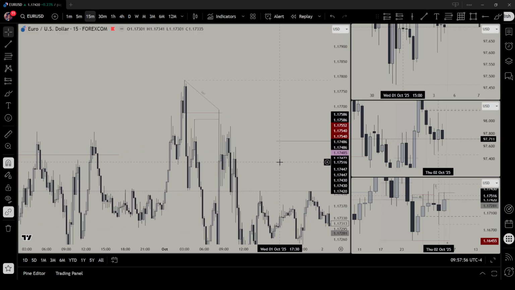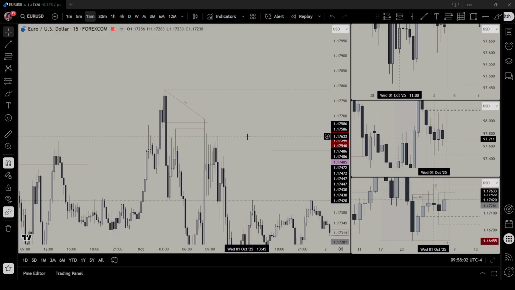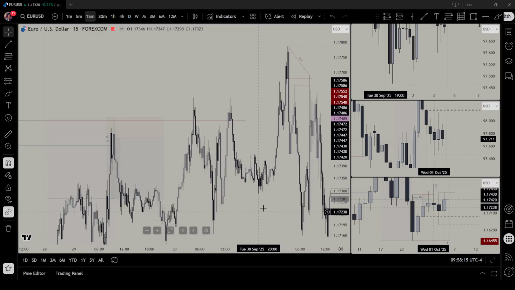Now, the next reaction is going to be a V-shaped reaction, or this is going to be considered a V shape versus an M shape. Now, we have SMT, tap the key level, our entry model, and you have the right time. Now, you can see an instant reaction rather than a tap, go down lower, go up higher, then it reverses.